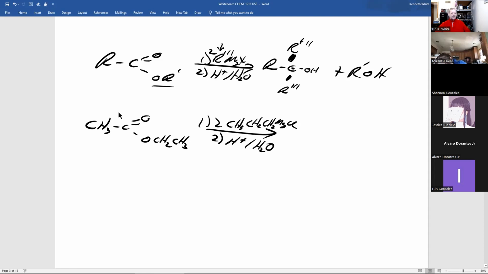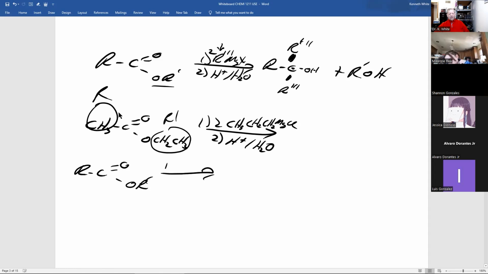And let's take a look at this. What do we have here? Ooh, an ester. This is R. This is R prime. What do we have here? Ooh, 2 of a Grignard. Second step, acid and water.